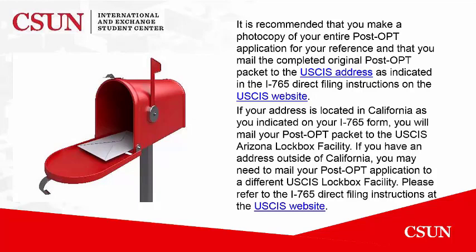If your address is located in California as you indicated on your I-765 form, you will mail your Post-OPT packet to the USCIS Arizona lockbox facility. If you have an address outside of California, you may need to mail your Post-OPT application to a different USCIS lockbox facility. Please refer to the I-765 direct filing instructions at the USCIS website.